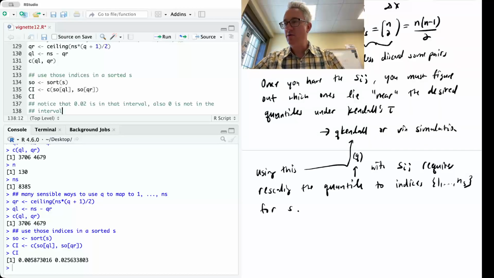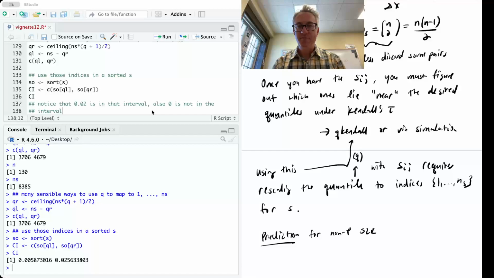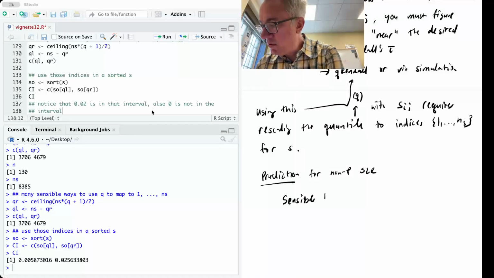All right, the last thing I want to talk about is prediction for nonparametric SLR. It's sensible to use medians for everything.